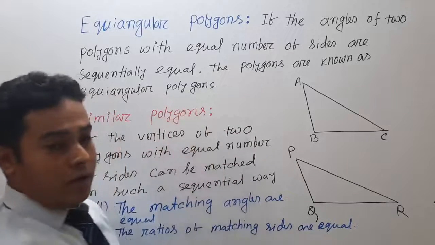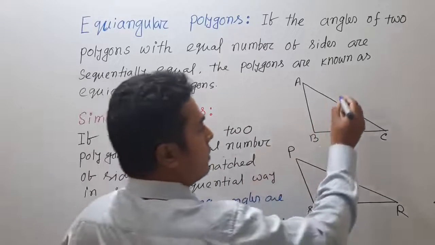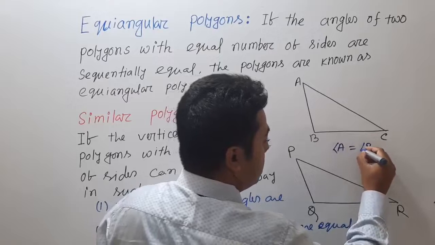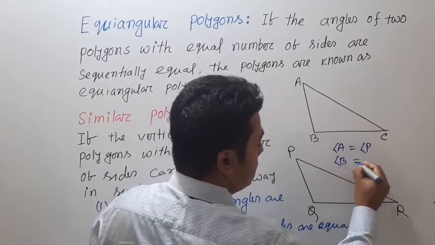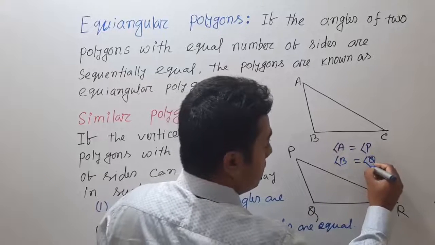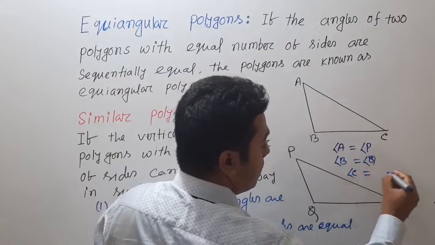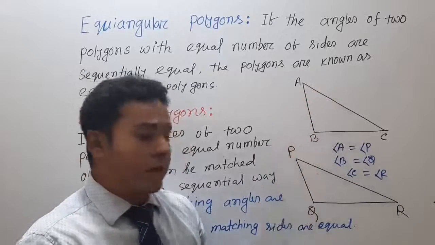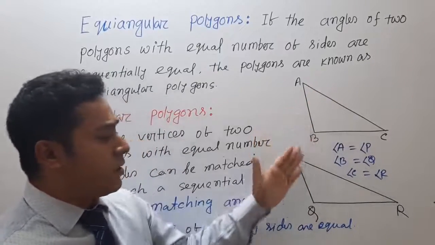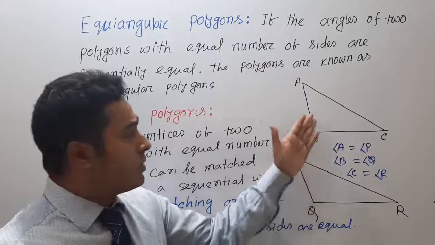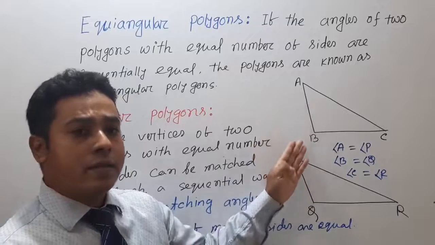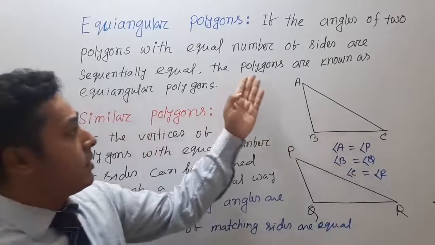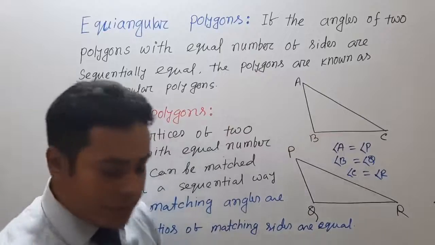If they are equiangular, then angle A equals angle P, angle B equals angle Q, and angle C equals angle R. Both triangles have 3 sides, the same number of sides, and their corresponding angles are equal, so it is called an equiangular polygon.